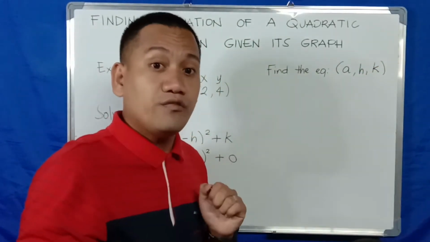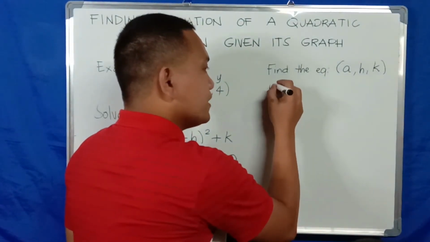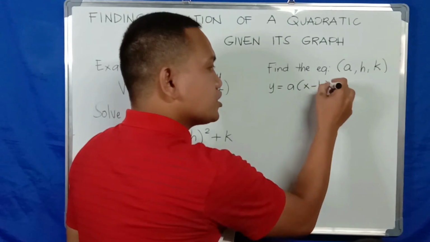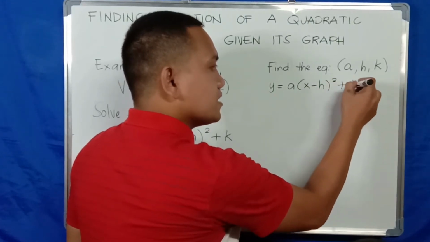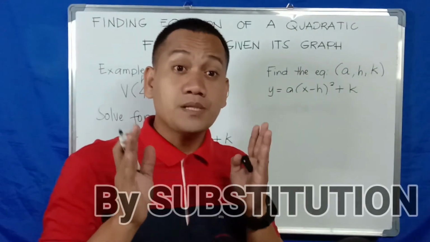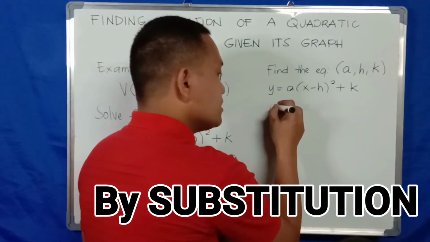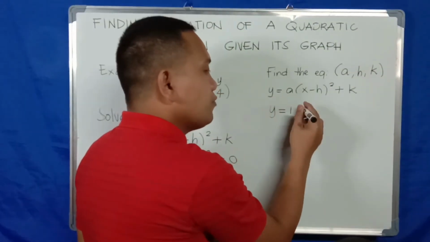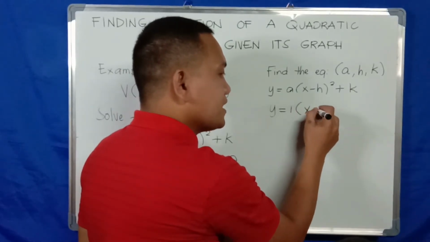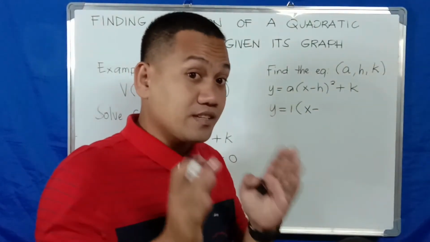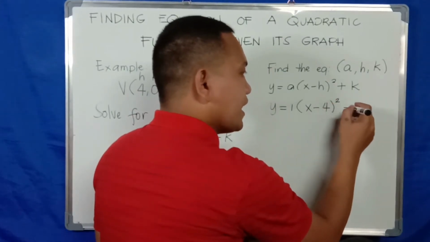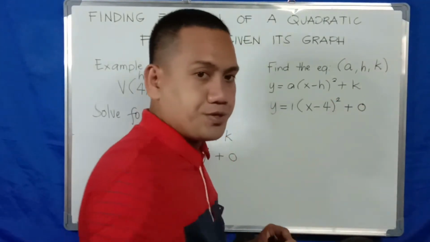Again, using our vertex form, we will have y equals a times the quantity (x minus h) squared plus k. So by substitution, we will have y equals 1, which is the value of our a. Then we will copy our x minus our h, here is positive 4, so we'll have (x minus 4) squared, and our k, which is 0.